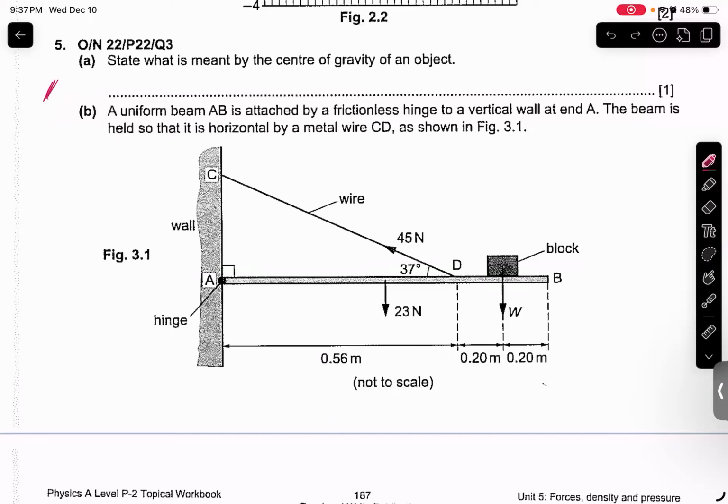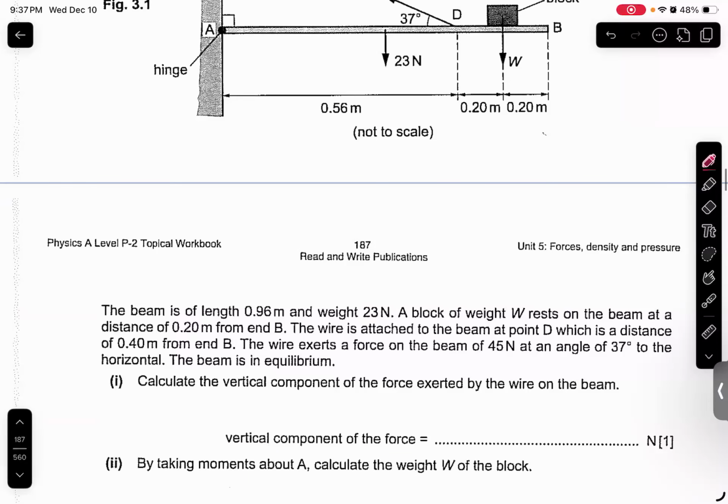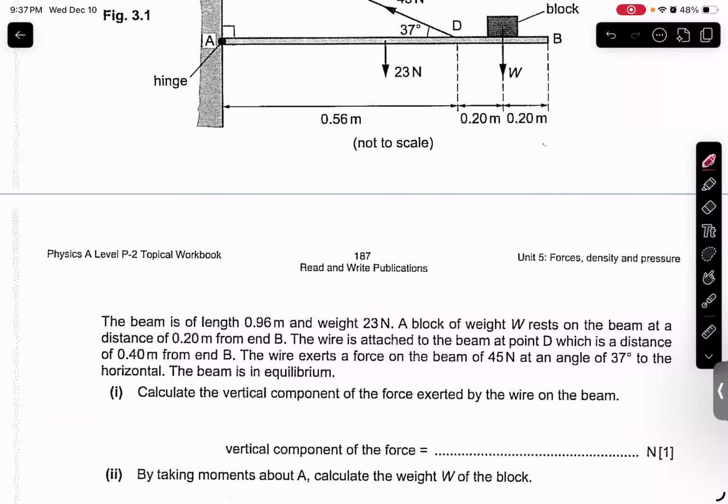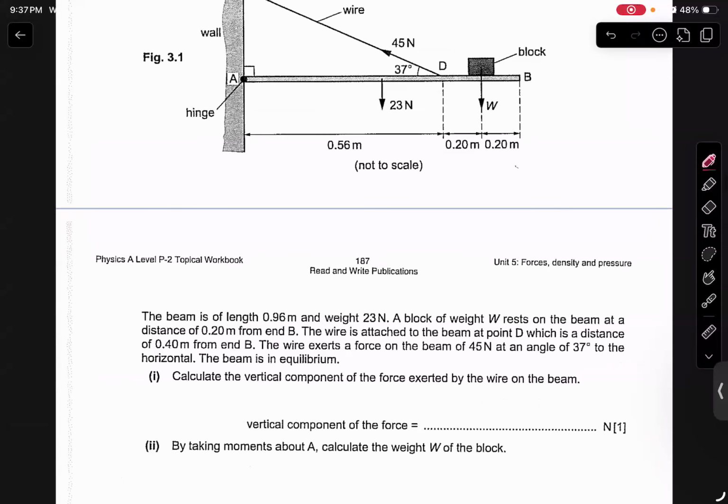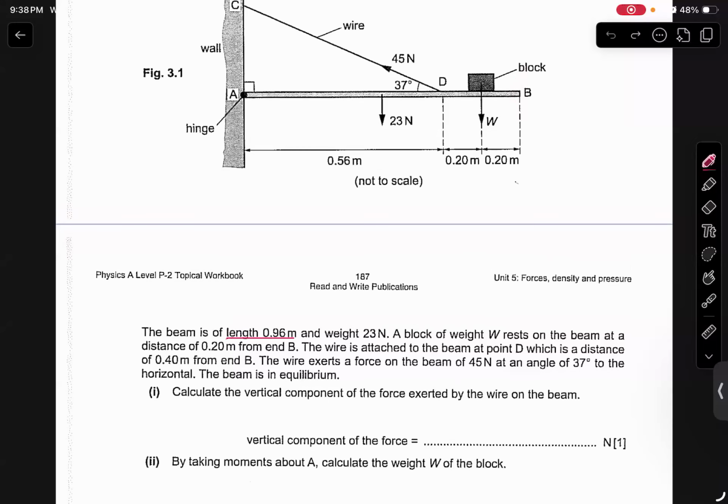The beam is of length 0.96 meters. That's useful information, 0.96 meters is the total length. The block of weight W rests on the beam at a distance of 0.2 from end B. Okay, from here.